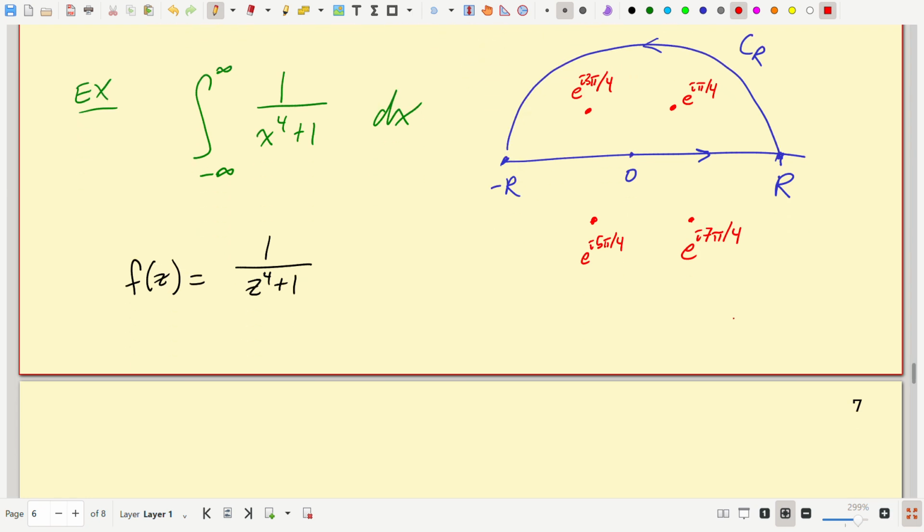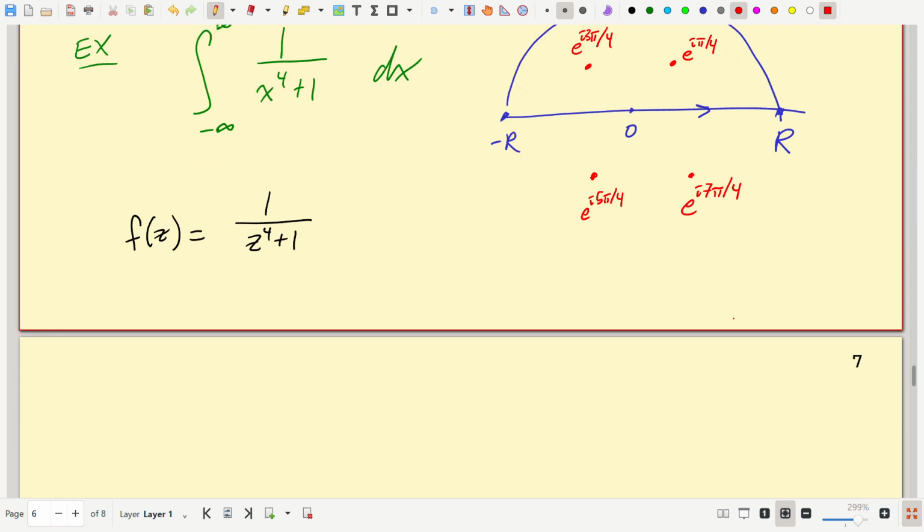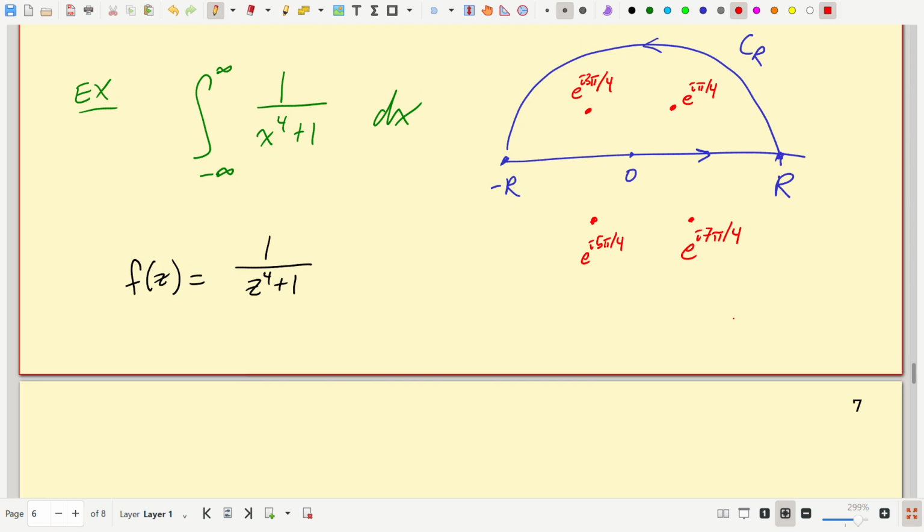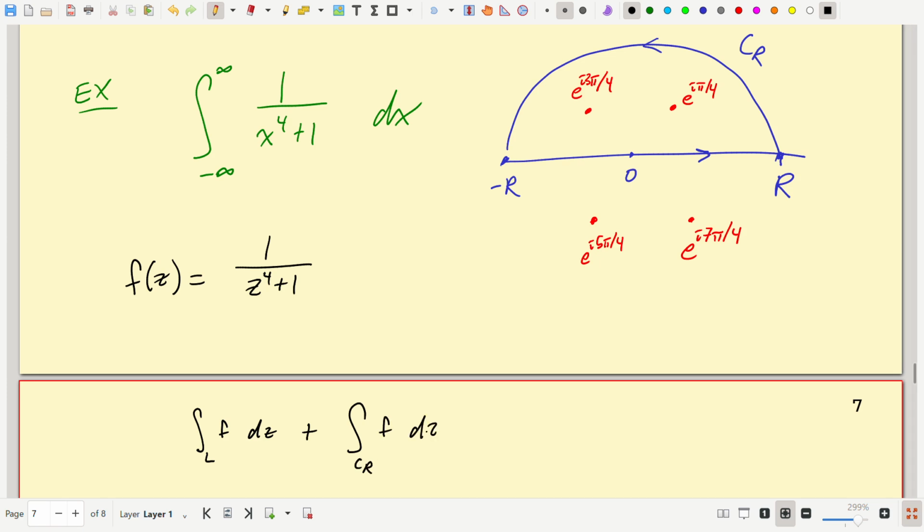I use the denominator estimate and see that the integral around the circular part goes to 0. So my integral along the L of f of z dz plus the integral around my circular part, which the denominator estimate shows goes to 0, is going to be 2 pi i times the sum of the residues.